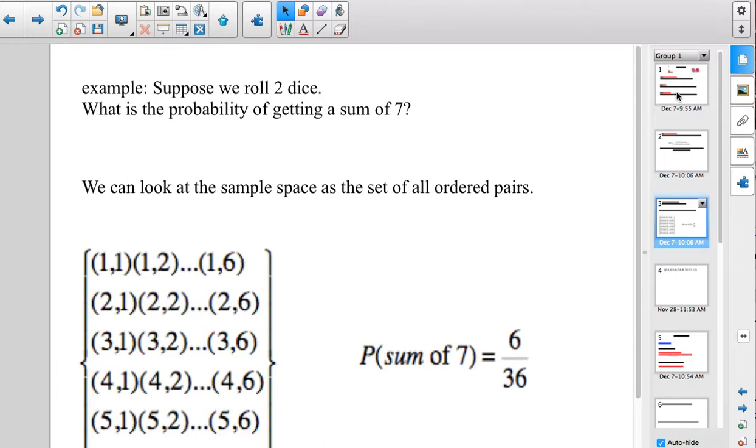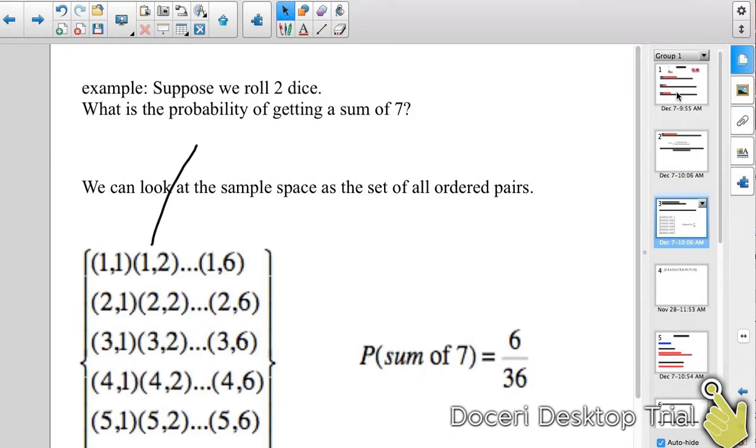Now, just to give you a better idea for this sample space, the ordered pair 1, 2 represents a 1 on the first die and a 2 on the second die. 1, 6 is 1 on the first die, 6 on the second die. Now, 2, 1 is a 2 on the first die and a 1 on the second die.